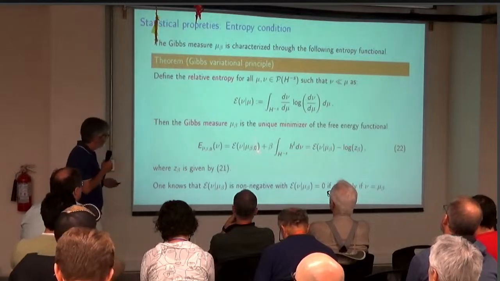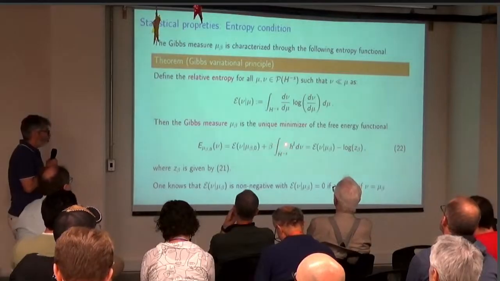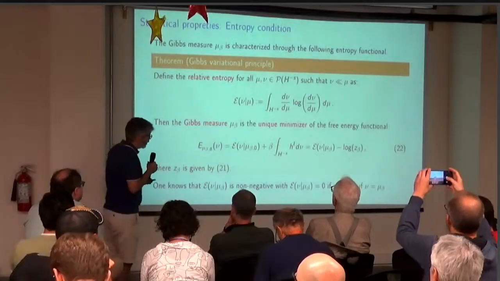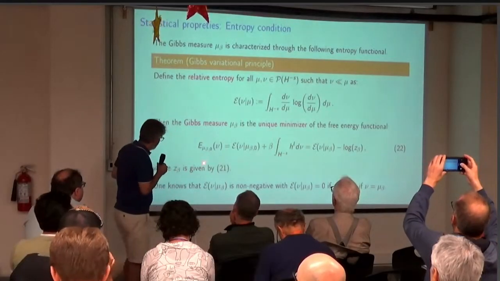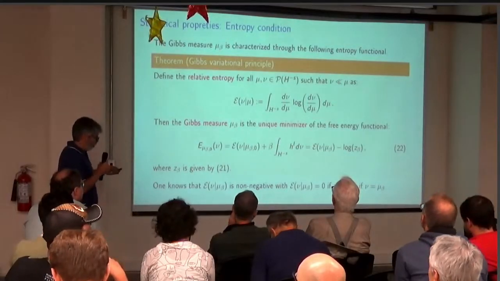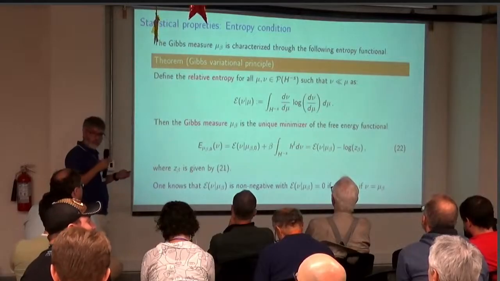This is the relative entropy, and this part keeps track of the nonlinear part, H, so that you get really the full Hamiltonian, and it is the unique minimizer of this. Okay. Now, this is one description, or one characterization, of equilibria through entropies.